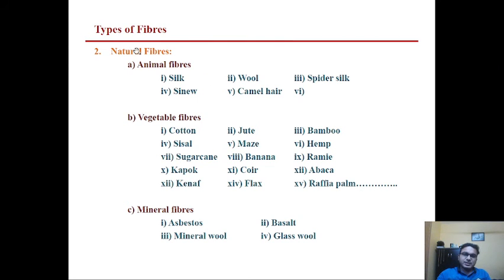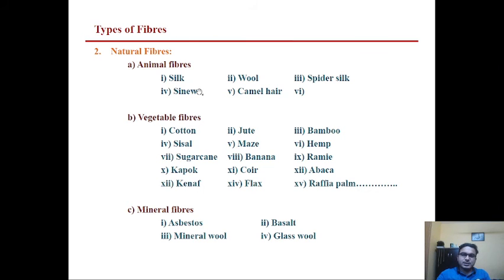Then we have natural fibers. Animal fibers, which we discussed, were used around 10,000 to 3000 BC. One example was a bow, which was purely made of animal fibers.